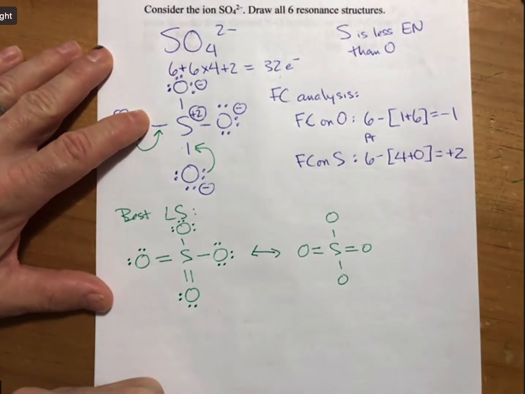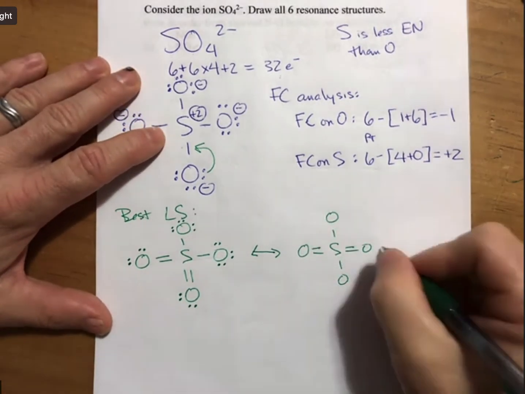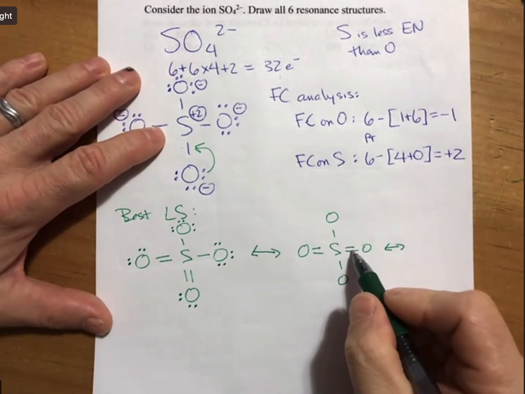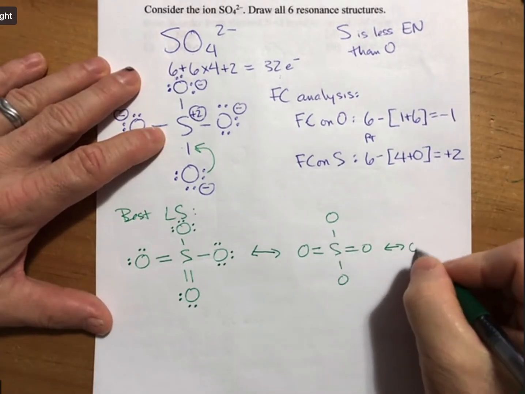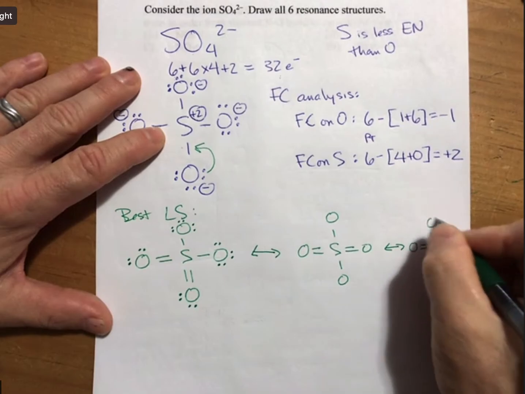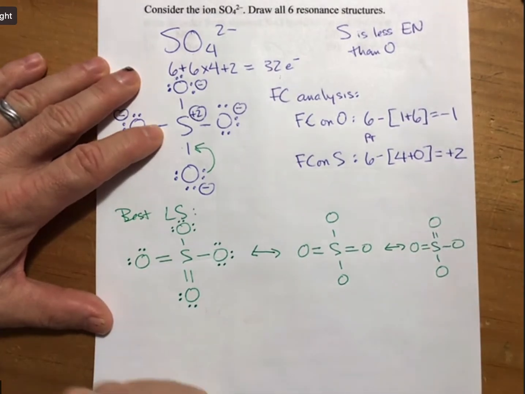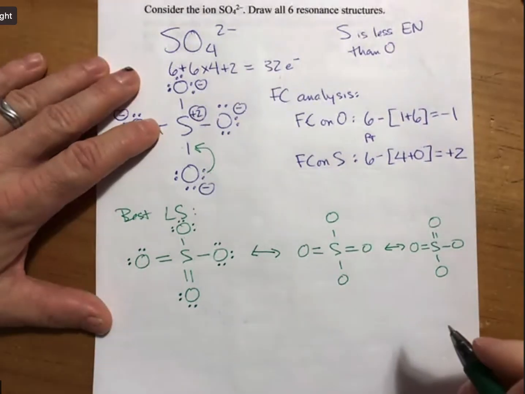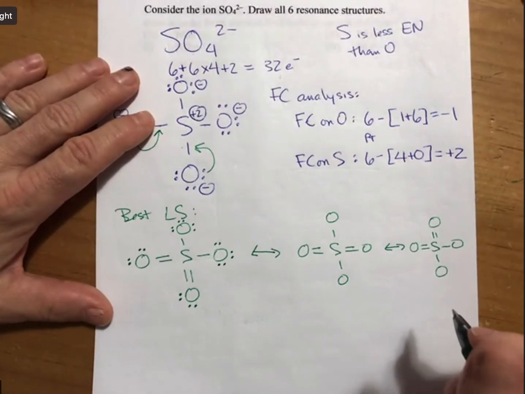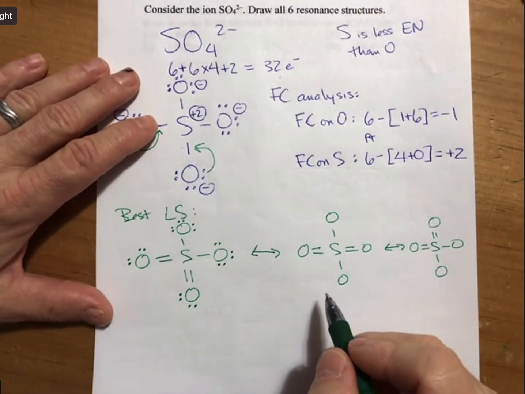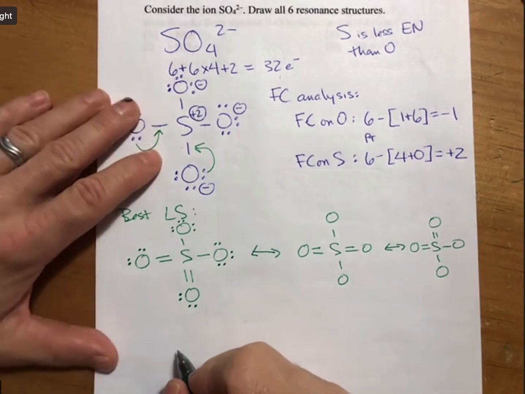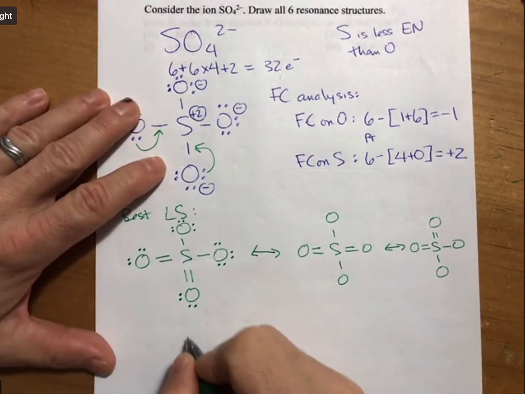There's a second resonance structure. A third one would have this double bond rotated up here.